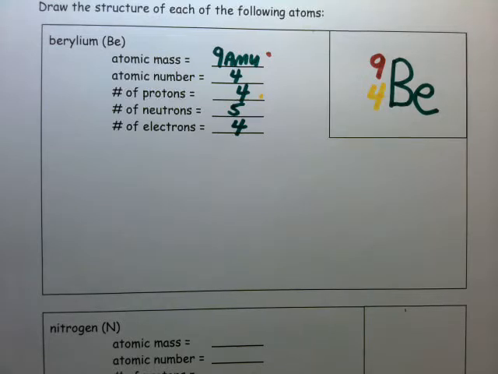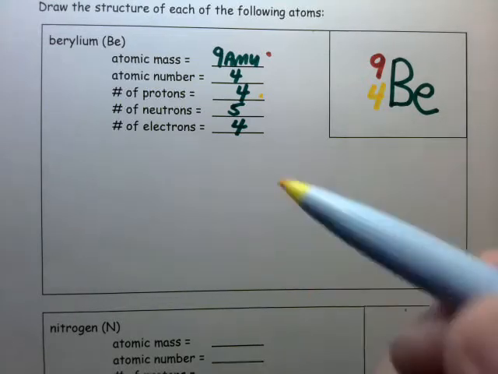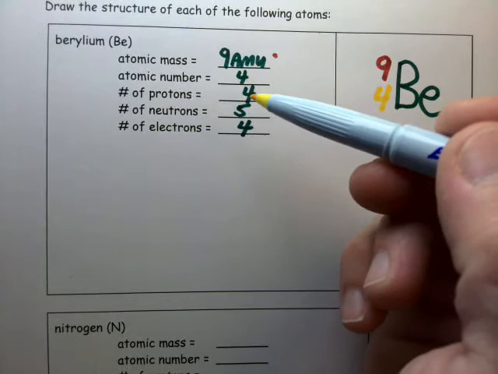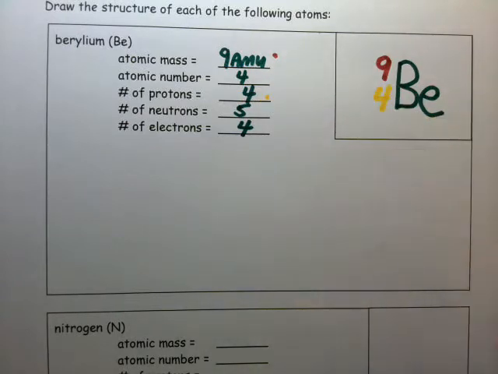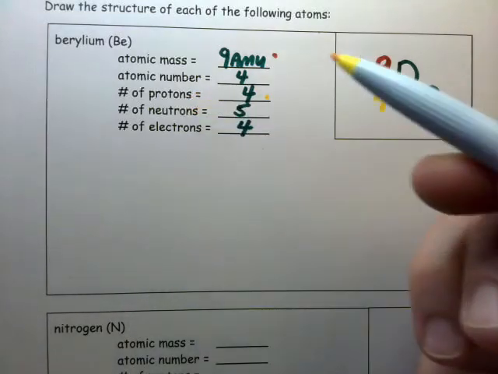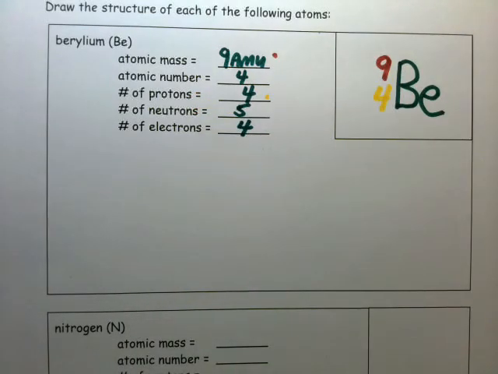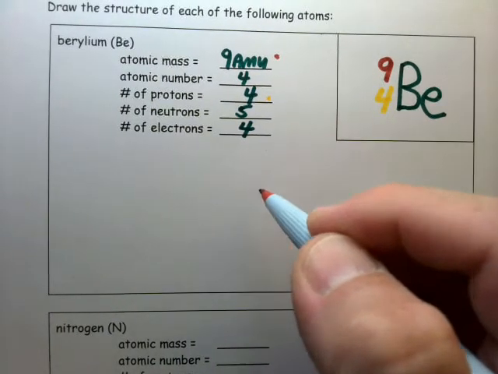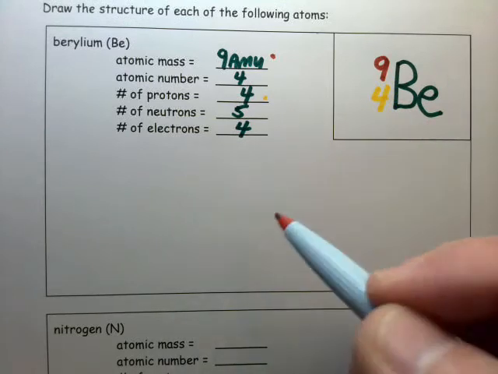Anyway, we need to talk about how to put these parts together to build a single beryllium atom. I'll start by saying the protons and the neutrons together conglomerate, smushing together in one centralized location called the nucleus of the atom.